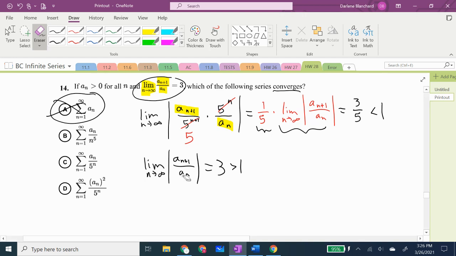Then if I use the second one, a sub n over n to the 5th, the n plus 1th term multiplied by the reciprocal of the nth term. And I want to be aware that the ratio of those two is heading to 1.